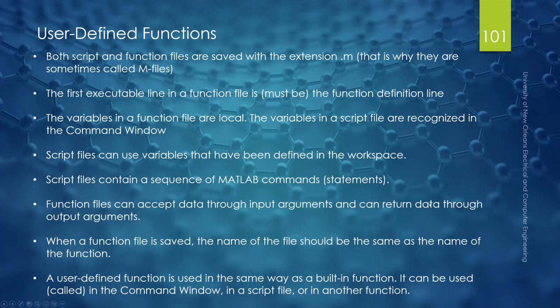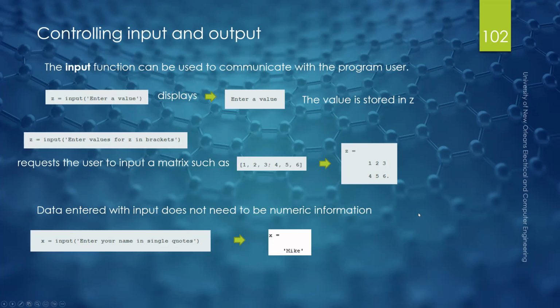So now let's look at ways of controlling input and output. We already have seen a couple of ways to do that. For example, DISP is one way that you can control what you see, right? But we're going to look at a couple of things in more detail here. The input function can be used to communicate with the program user, for example.